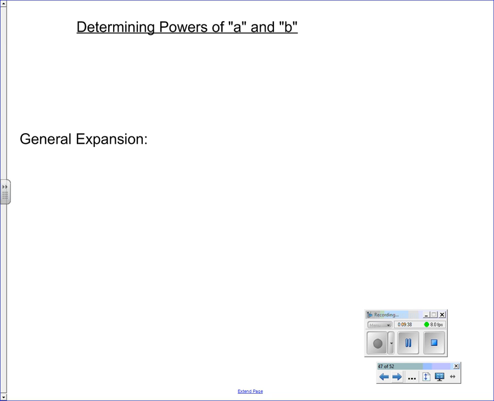So anytime we have something that looks like a plus b to the n, we're always going to start our first term in that expansion as a to the n, b to the 0.